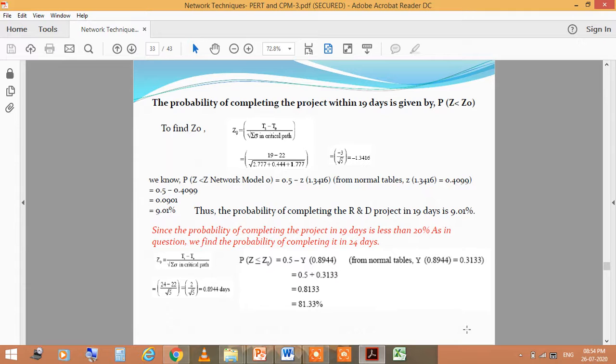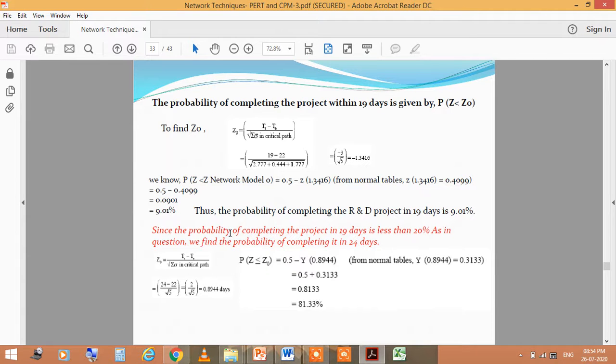Now the next is the probability of completing the project within 19 days, which is given by P(Z less than Z0). How to find Z0? This is by the given formula you see here; put in the values and then calculate it. This is 9.01%.